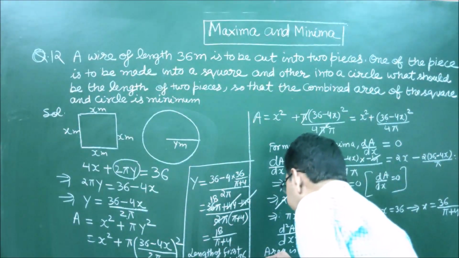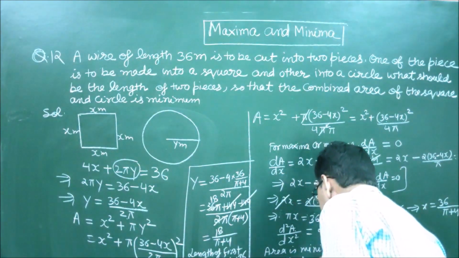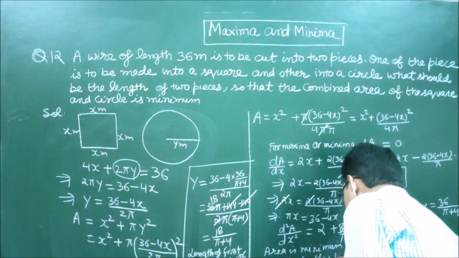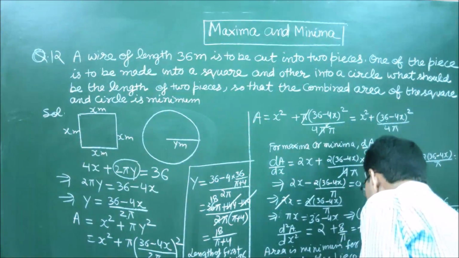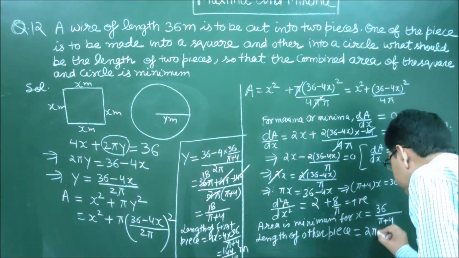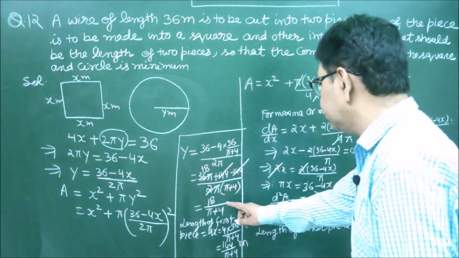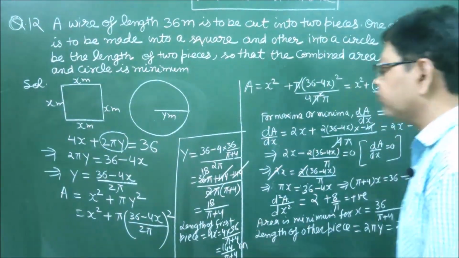Length of the other piece is equal to 2 pi y, and the value of y we have calculated: y is equal to 18 upon pi plus 4.